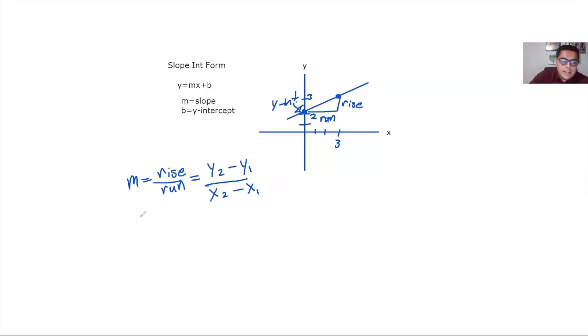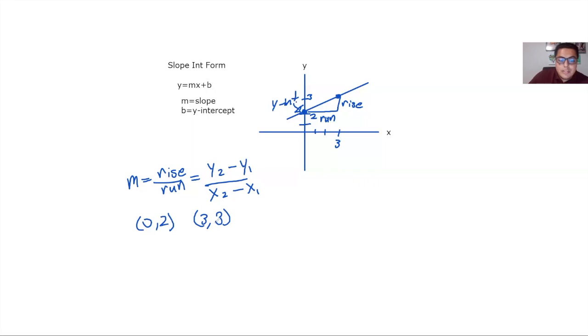We can write them out right here. It would be 0, comma, 2. And it would be 3, comma, 3. So you can decide however you want to choose it. You can choose this to be point 1 and this to be point 2, or vice versa.